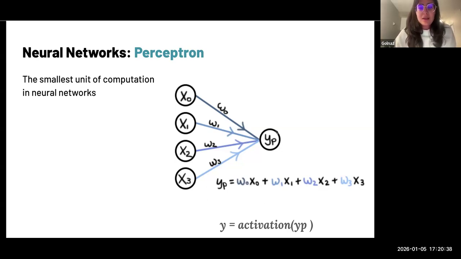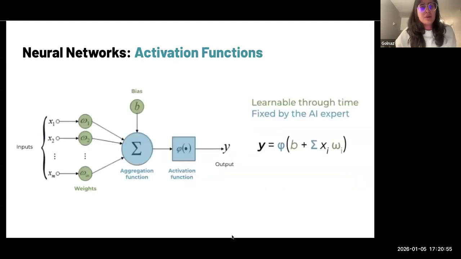But sometimes that's not that simple. You can't make an output just based on the features that you have and assigning an importance to each of them. So what this system needs as a next step is an activation function.